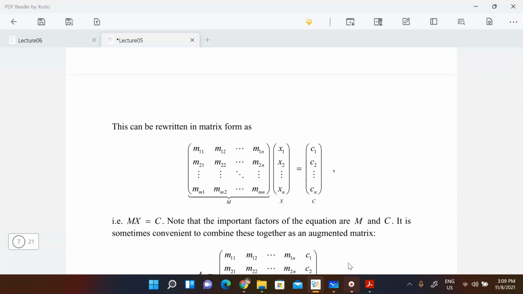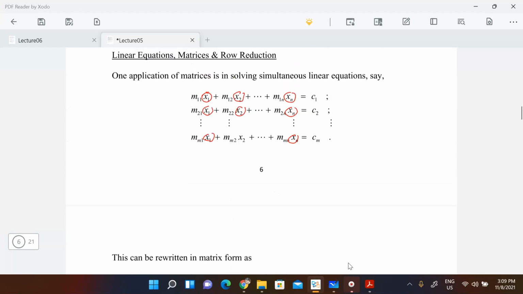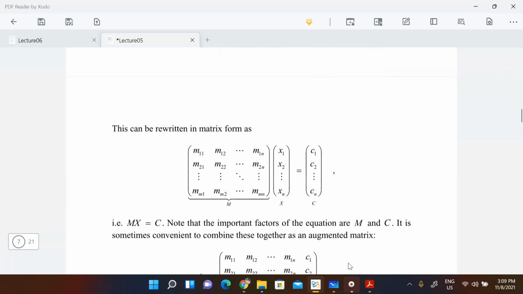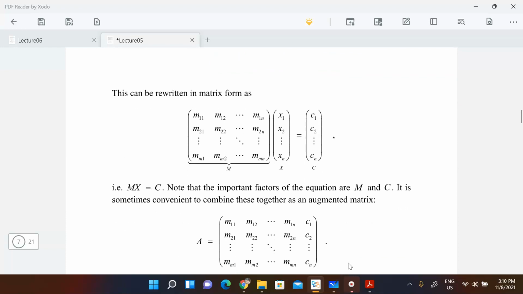And of course you know this. When you do this, you take the row multiplied by the column. The first row multiplied with this column gives you the first equation, so you get m11, m12, up to m1n there. Then you take the second row multiplied with the column, and you get the second equation, and so on and so forth.